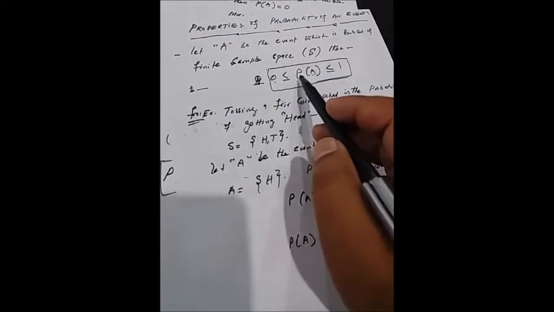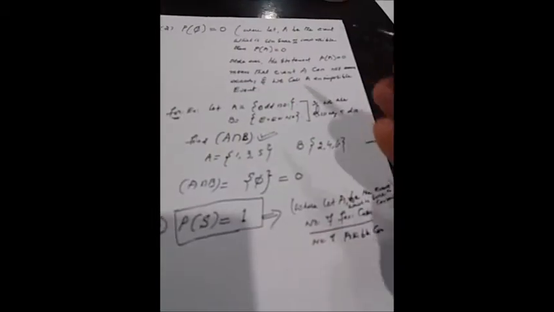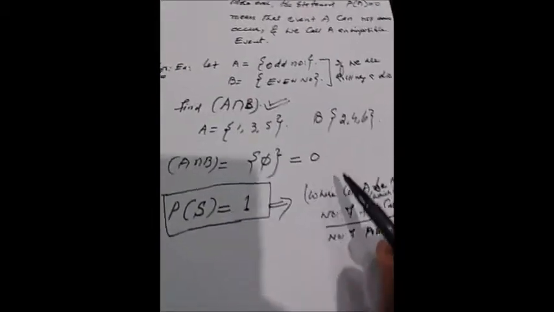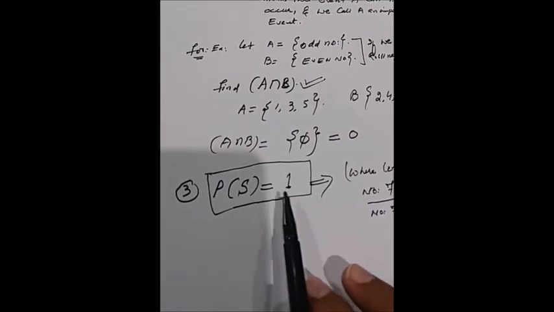Okay, the first property is that the probability of event A lies in between 0 and 1. It will be 10%, 20%, 30%, 70%, and 90%. The second property is that the probability of the null set is always equal to 0, meaning we are calling the event unsure and impossible. And the third property is that the probability of sample space is always equal to 1.